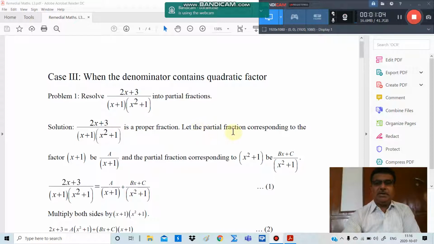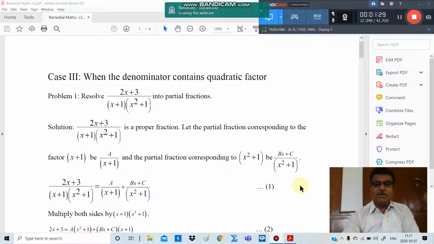Let the partial fraction corresponding to the first factor x plus 1 be capital A upon x plus 1, and the partial fraction corresponding to the term x square plus 1 be bx plus c upon x square plus 1.